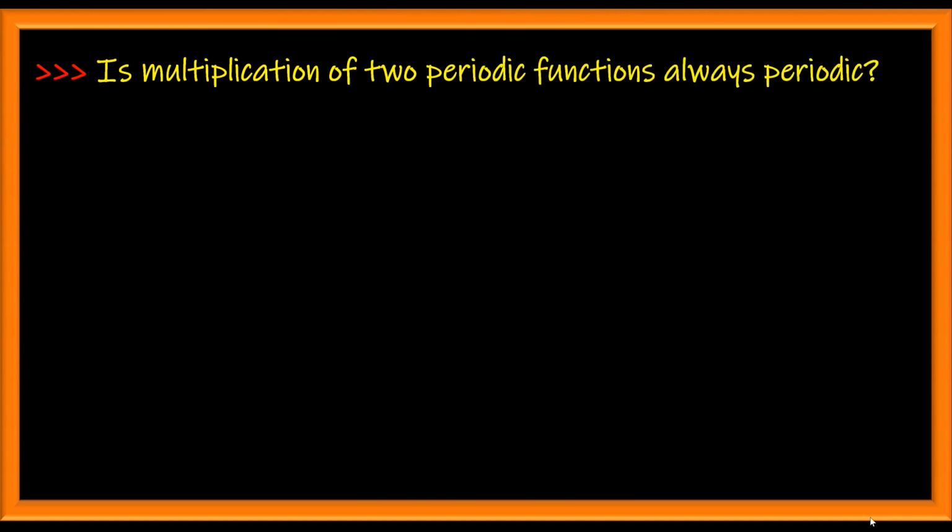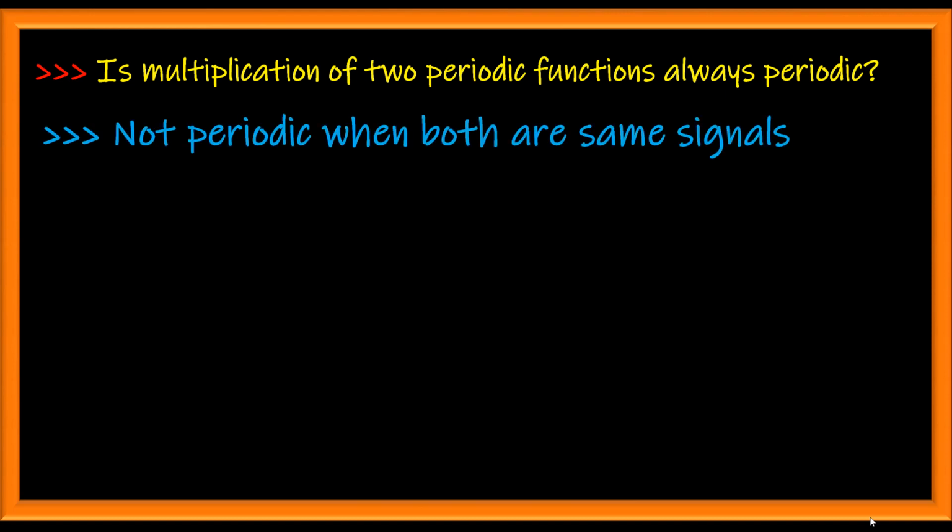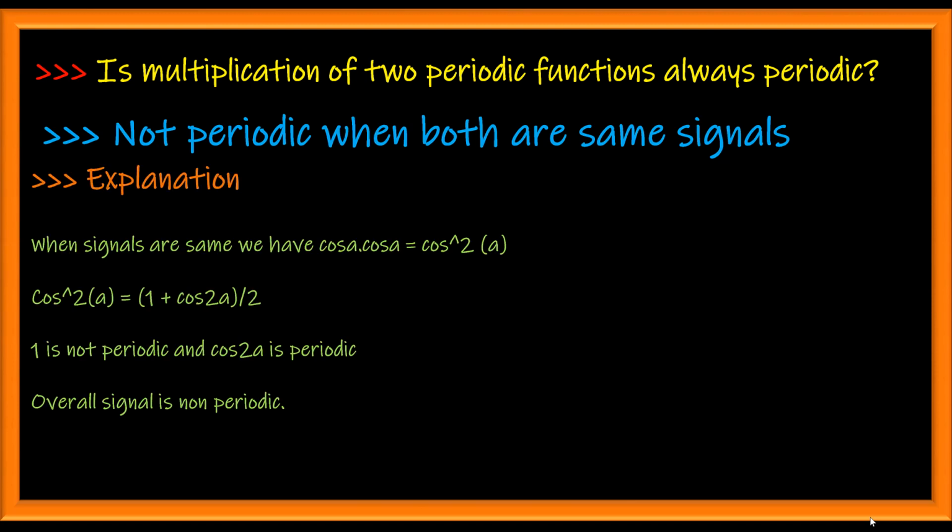Is multiplication of two periodic functions always periodic? Not periodic when both are the same signals. When you have two identical signals, then their product is the square of the signal.